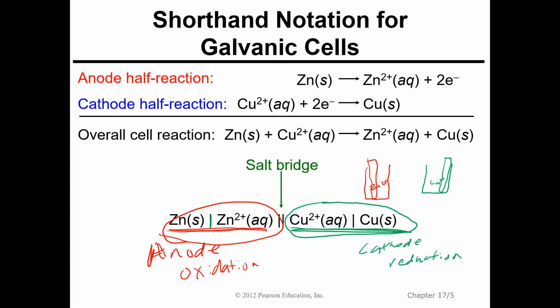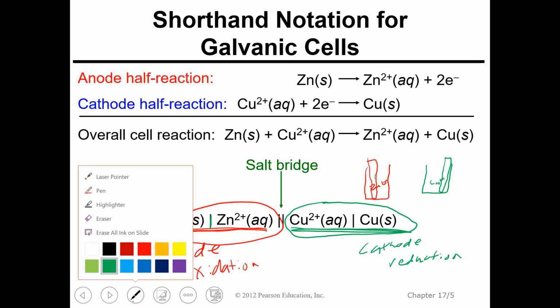So these two aren't magically by themselves going to jump over into each other. The copper's not going to magically jump over to the zinc, and the zinc's not going to magically jump over to the copper. We have to have something connecting the two.